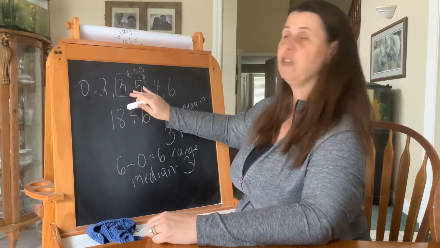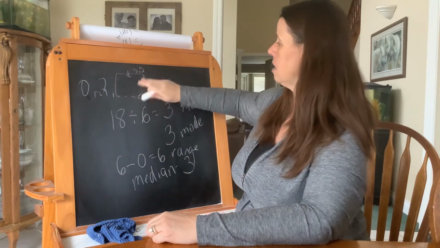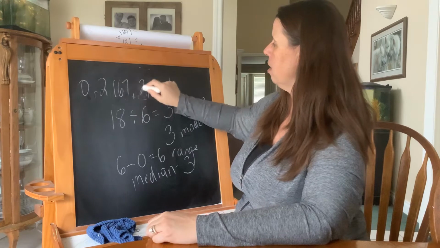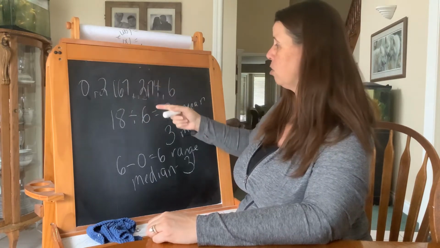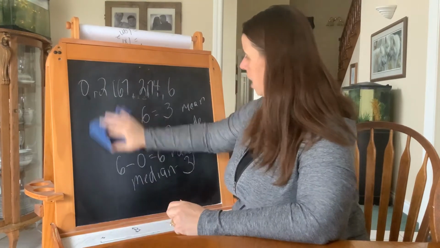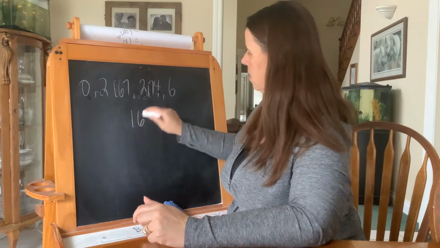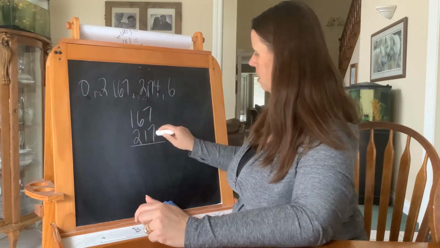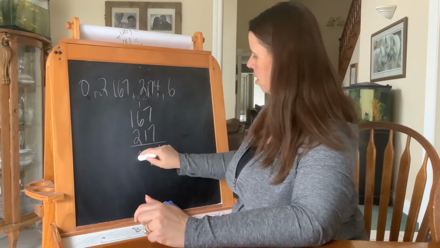If you have huge numbers and you don't know, like say this was 167 and 217, it'd be really hard to know what's in between those 2 numbers. So what you can do is add them up. 167 and 217. 7 and 7 is 14. 6, 7, 8. 2, 1, 3.